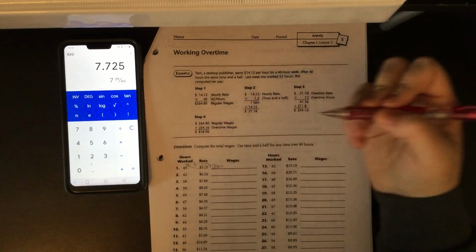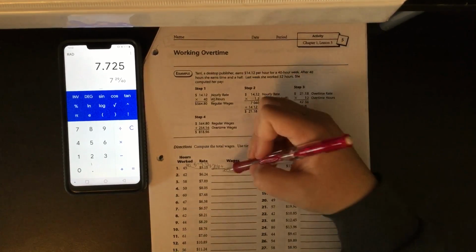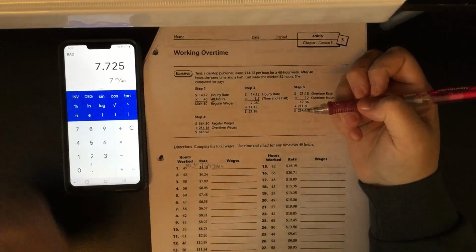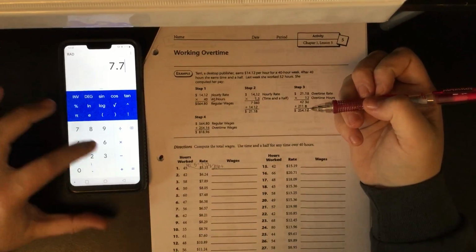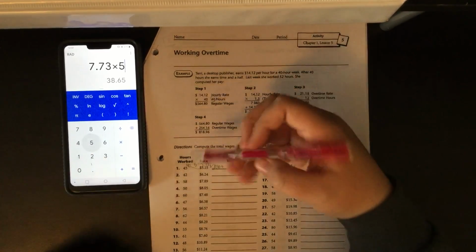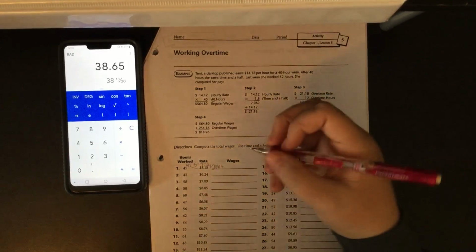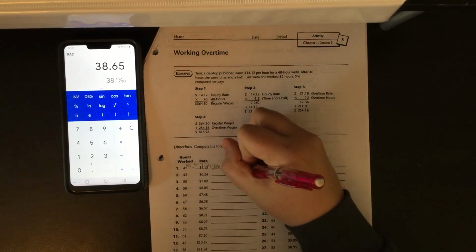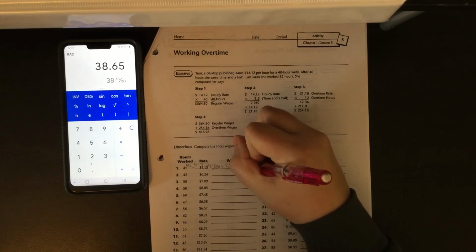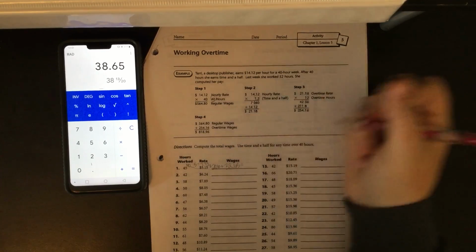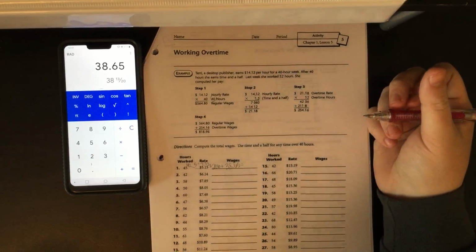So I have to multiply those two numbers together to figure out my overtime pay. $7.73 times that 5 hours of overtime that I'm working, I get $38.65.